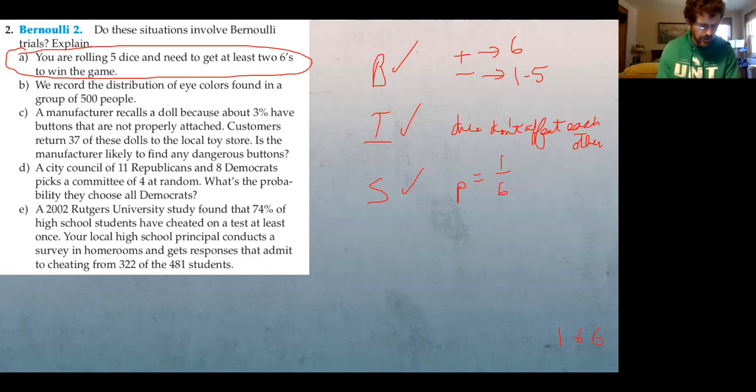All right. And the other one we'll look through is D right here. A city council of 11 Republicans and 8 Democrats pick a committee of 4 at random. What's the probability they choose all Democrats? Now, we're not answering that question. We're trying to figure out, is it binary, independent, and same probability?